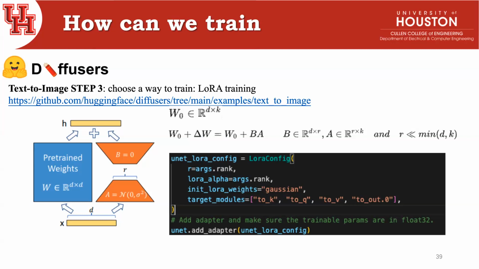When you do diffusion models, there are UNets, right? UNets contain transformers, with a lot of QKV. So here you can say, okay, I only need the KQV in the self-attention, and the others I do not need. So target modules define what your LoRA wants to train.